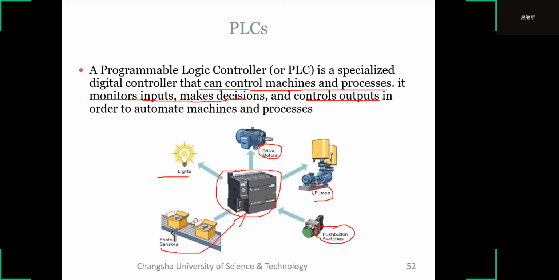So the PLC gets the result from the outside and gives a decision for the target.